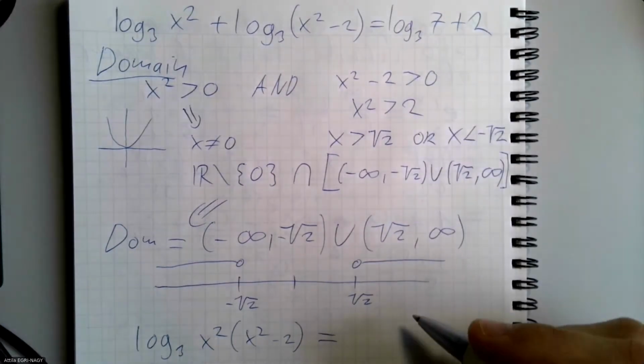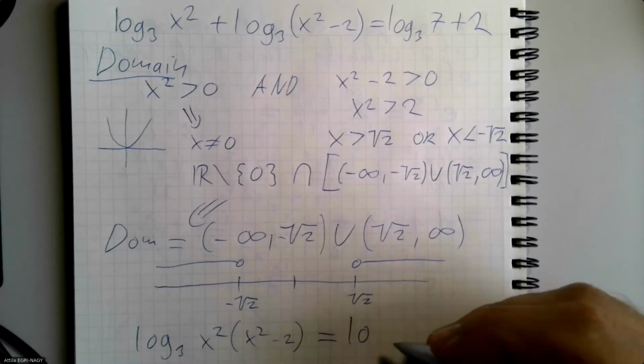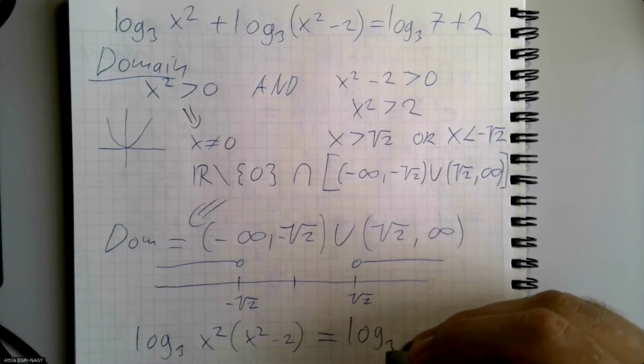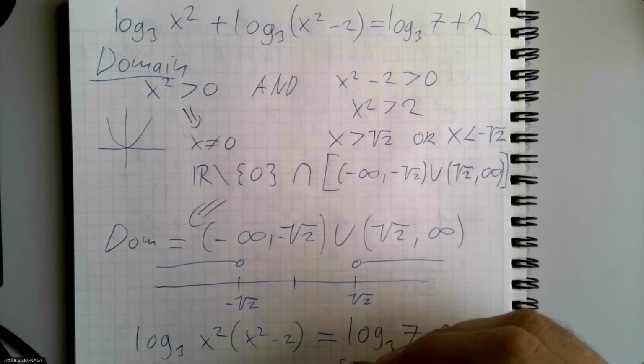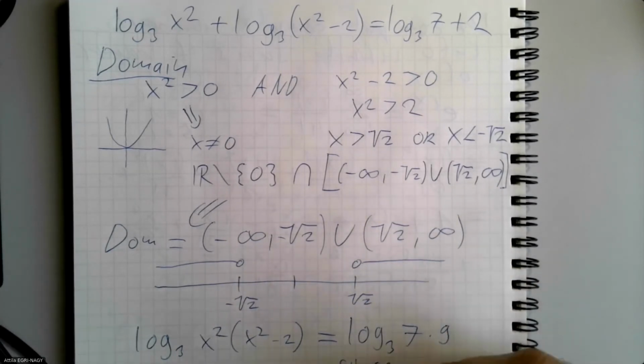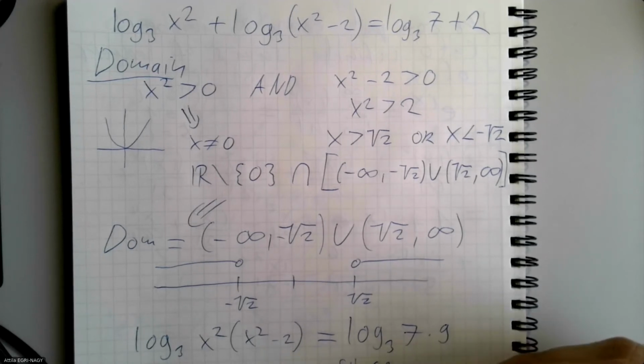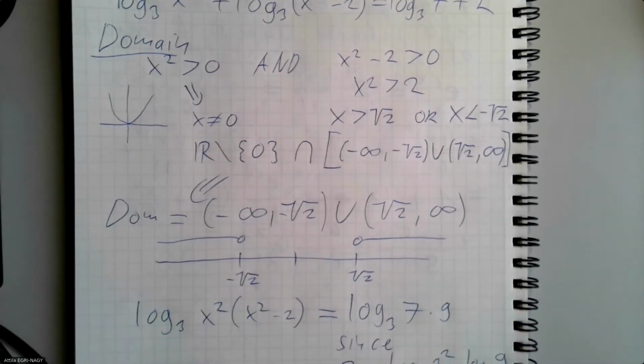If I write it that way, then I can do 7 times 9, since 2 equals the base 3 logarithm of 3 squared, which is just the base 3 logarithm of 9.